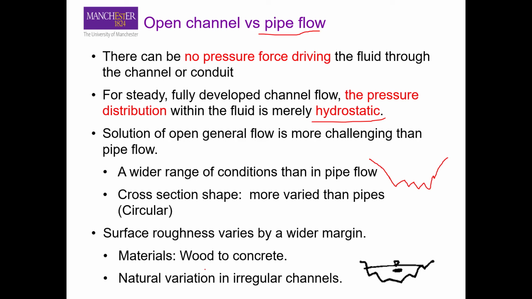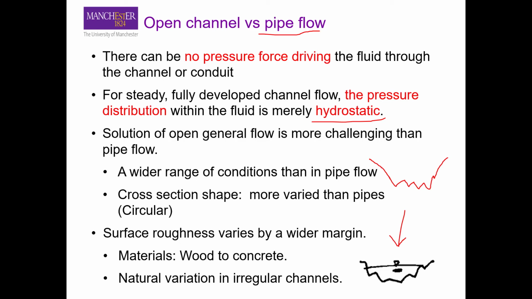They can be wood channels or concrete channels. They can be natural channels. So a range of materials compared to pipe flows, where you mostly have metal pipes. And also there can be natural variation in irregular channels, as I explained here, so you can have much more complex shapes for open channel flows compared to pipe flows.